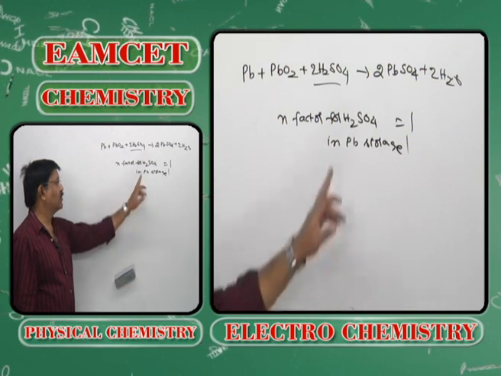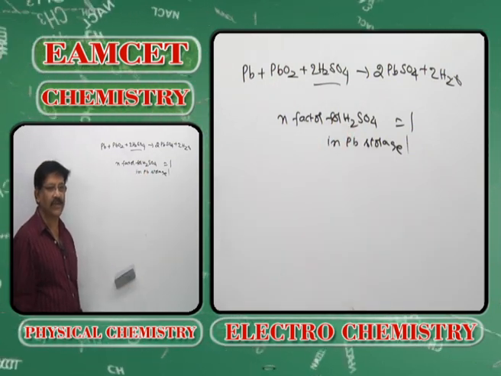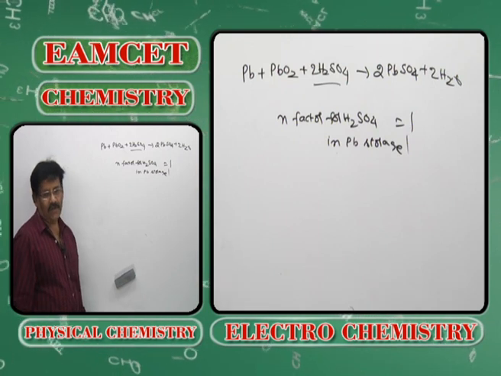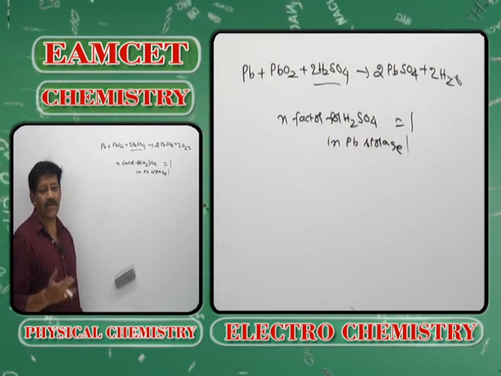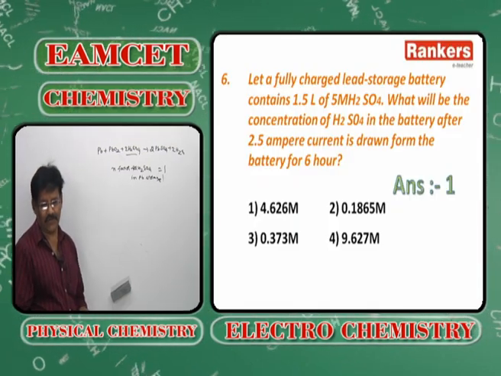So the n factor is 1. So in the lead storage battery, molarity of H2SO4 must be equal to normality of H2SO4.